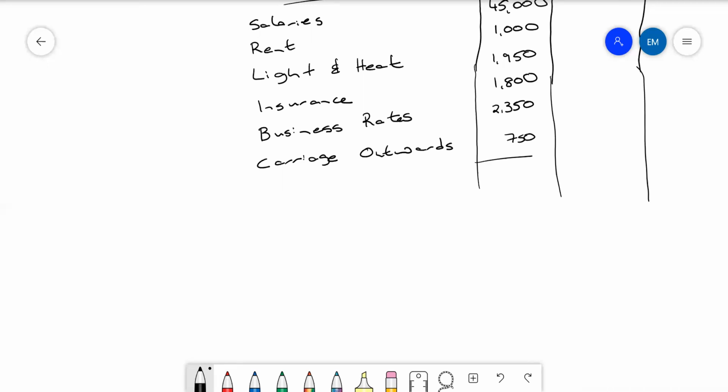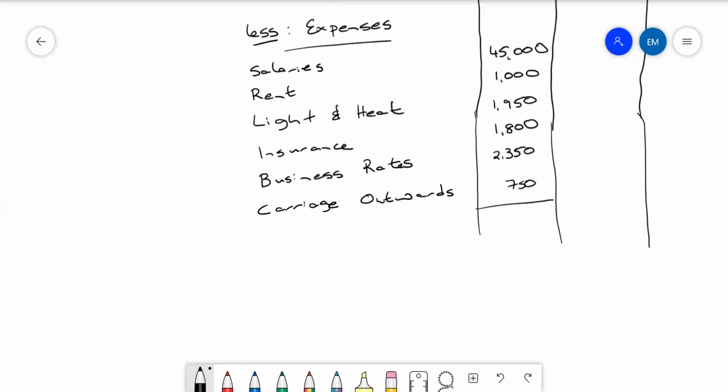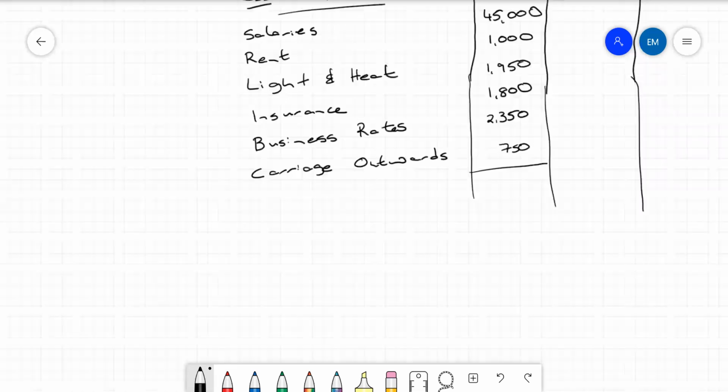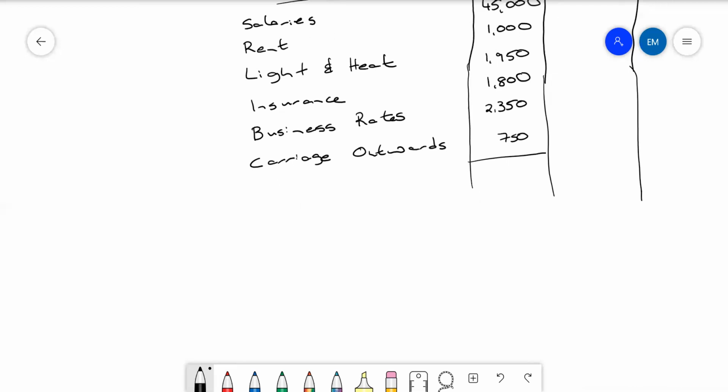So the total of those expenses is 45,000 plus 1,000 plus 1,950 plus 1,800 plus 2,350 plus 750. So our total expenses that we have in our expenditure section is €52,850. And our gross profit less our expenses gives you net profit.